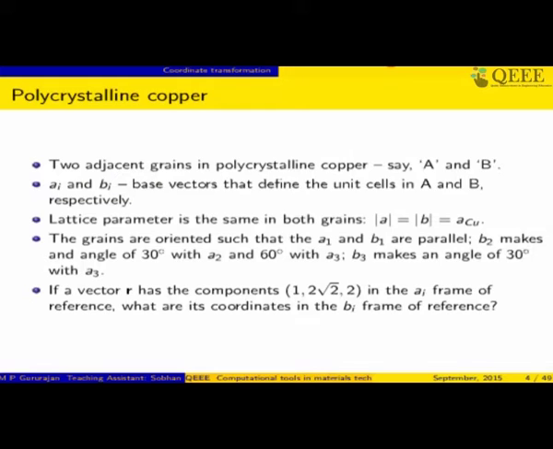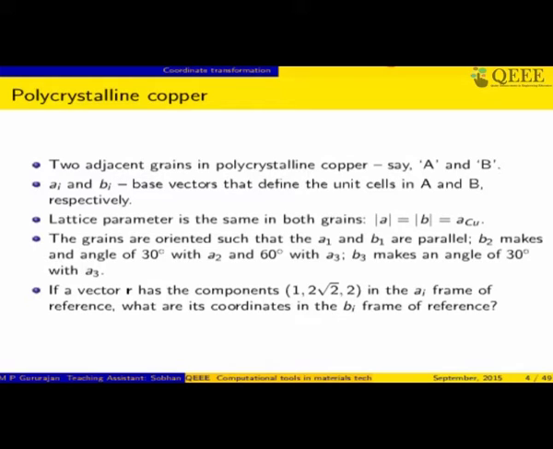You can think of it as aligning the x-axis and making an angle of 30 degrees along the y-axis for you to go from A to B. And similarly, B3 makes an angle of 30 degrees with A3. So you now have the orientation: one is A1, A2, A3. B1 is aligned with A1, but B2 and B3 each make 30 degrees with A2 and A3 respectively.